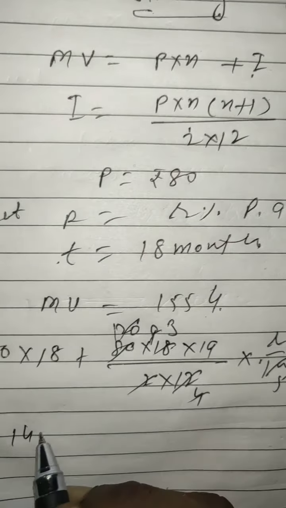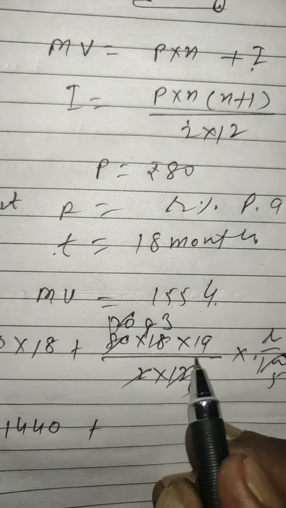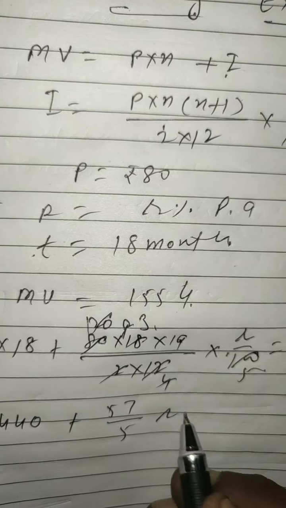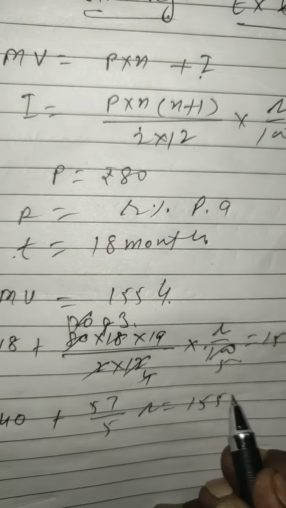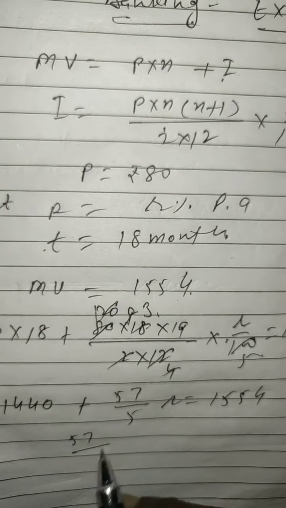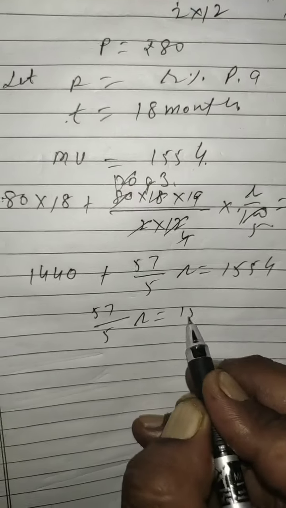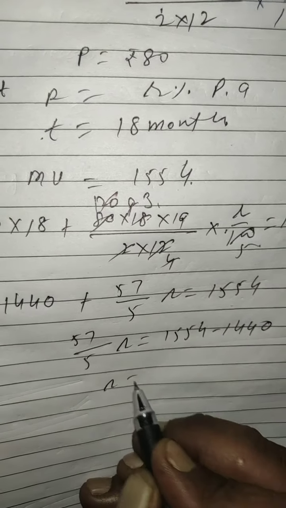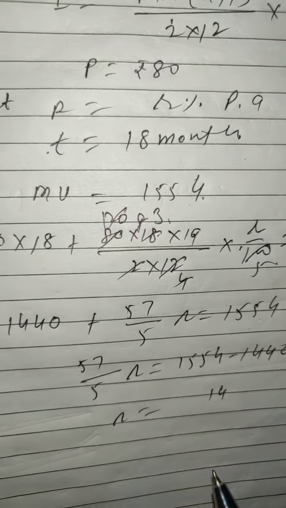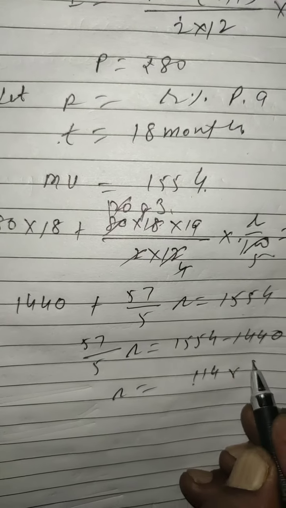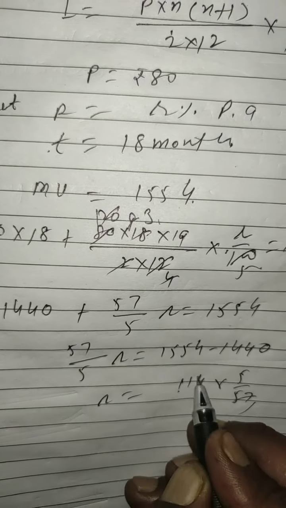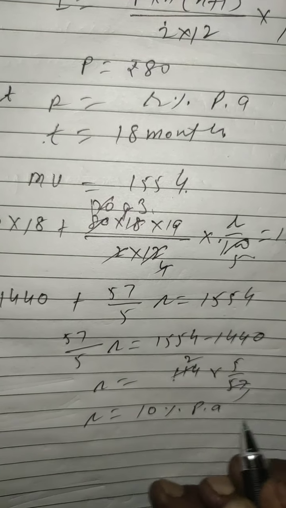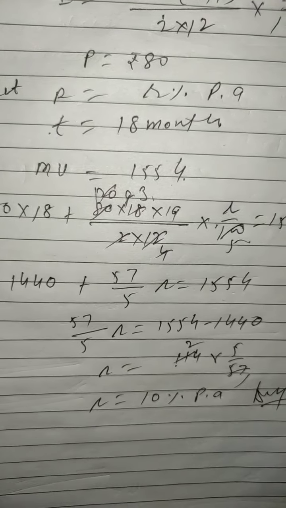This is 1440 plus 57 over 5 R is equal to 1554. So 57 over 5 R is equal to 1554 minus 1440. R is 114 into 5 over 57, which gives R is 10% per annum. That is your answer.